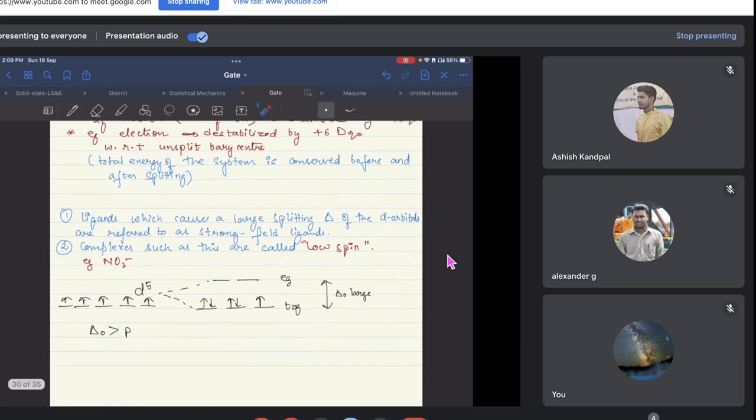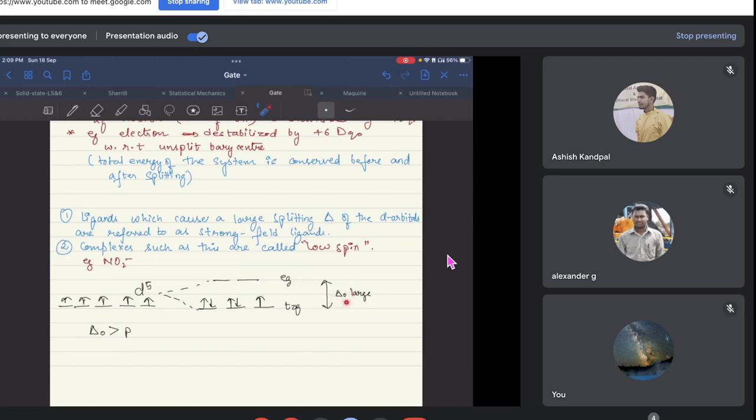For example, take the ligand NO2 negative with a d5 configuration, when the splitting is octahedral, it will split into T2g and Eg. But since NO2 negative is a strong field ligand, it will make a large splitting delta of the d orbitals.